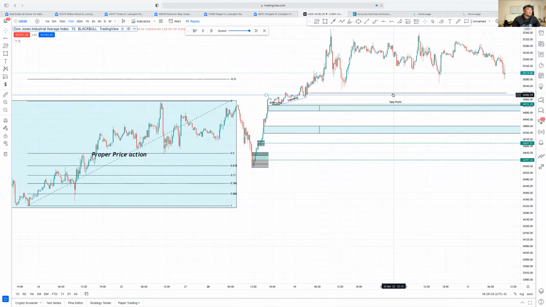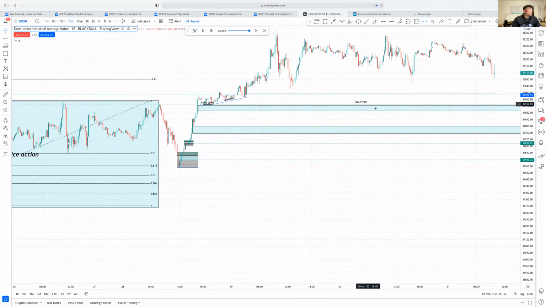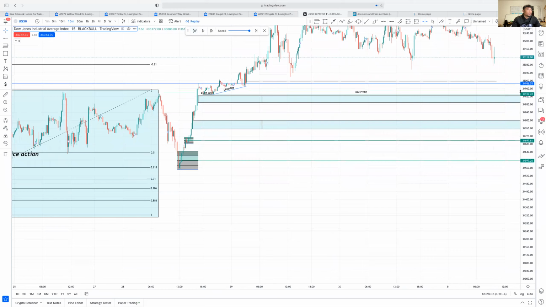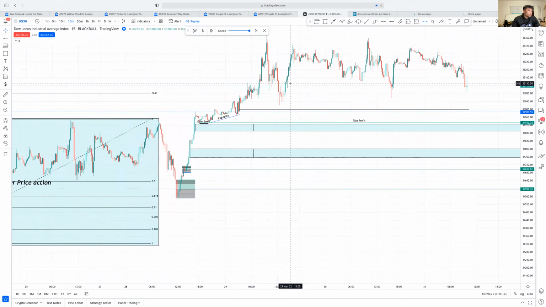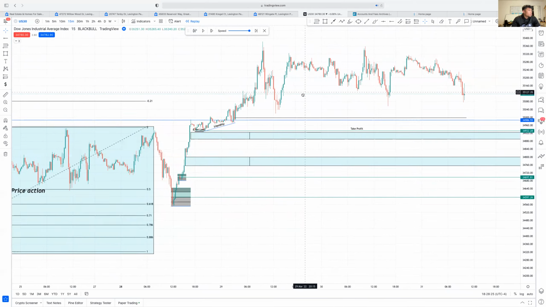Okay, awesome. So what I'm gonna do, family, is I'm actually gonna go ahead and zoom in real quick. So first thing first, the reason why I was looking for a sell, actually I've been looking for a sell since the 29th of March, which was 2 days ago.